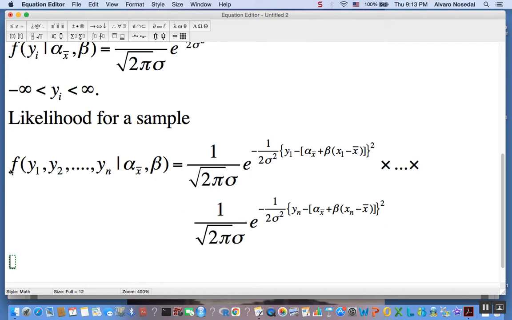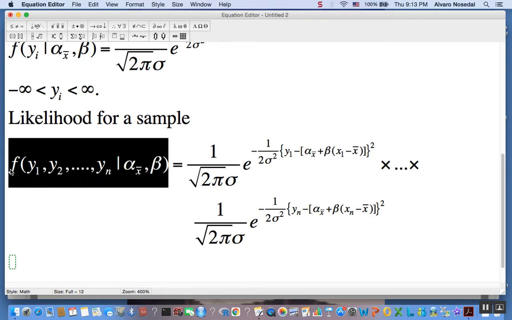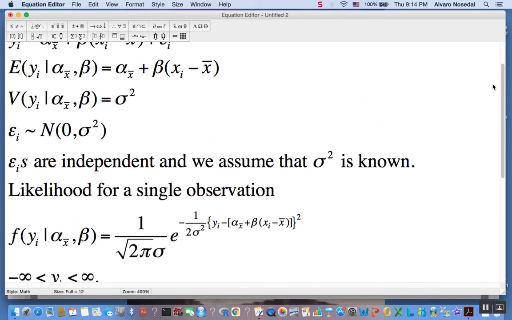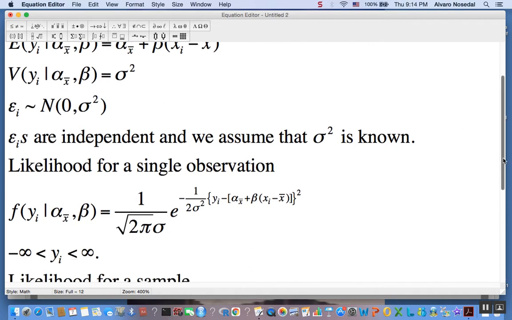So now, we are assuming that sigma squared is known, right? And we have particular values of alpha, x bar, and beta. Okay?